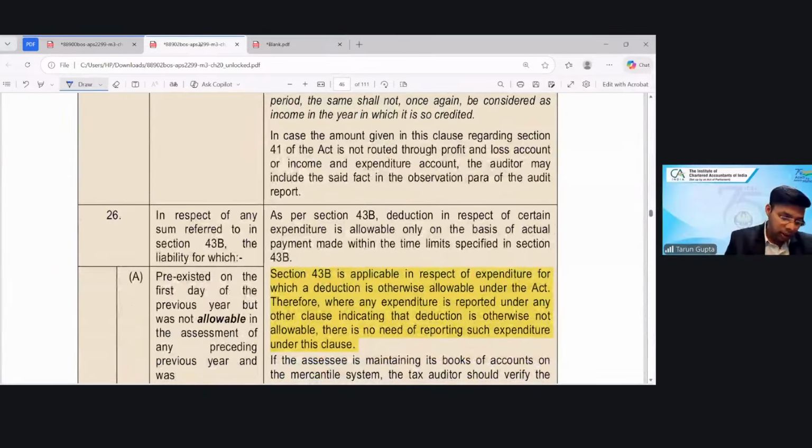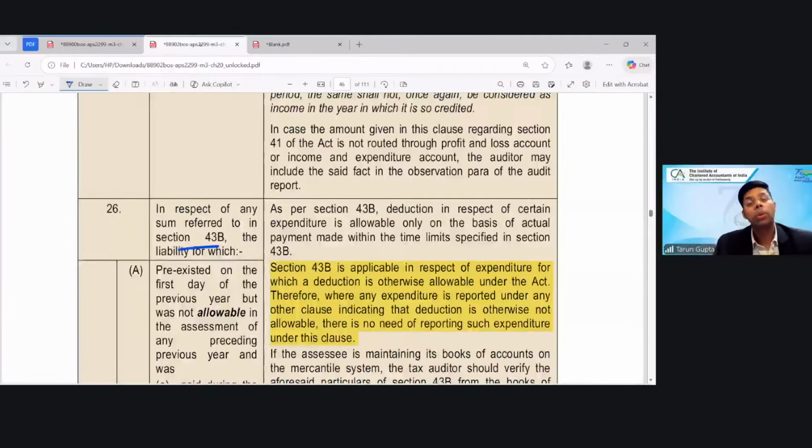Then clause 26, there is a disclosure in respect of section 43B. So under 43B, there are two types of disclosure. One, there may be a liability of an earlier year which has now been paid, so you claim deduction in this year, and there may be a liability of this year which has not been paid, so it has to be disallowed. So there are two parts, A and B.